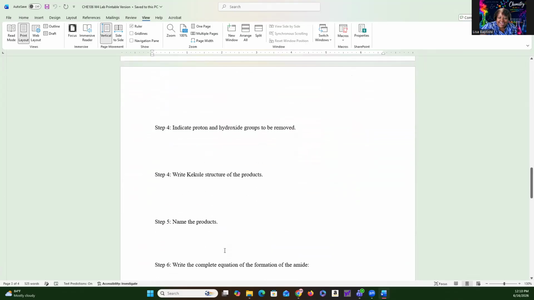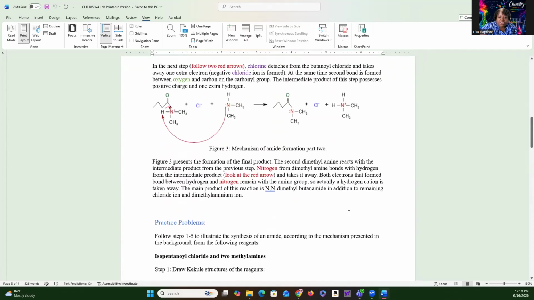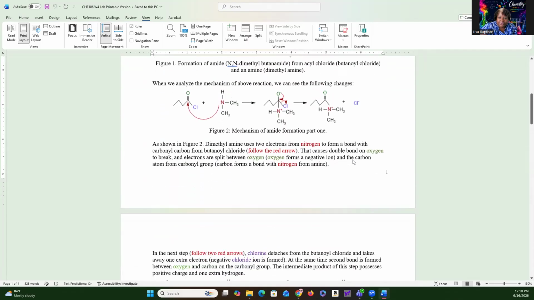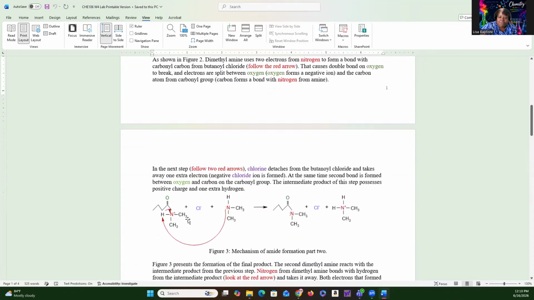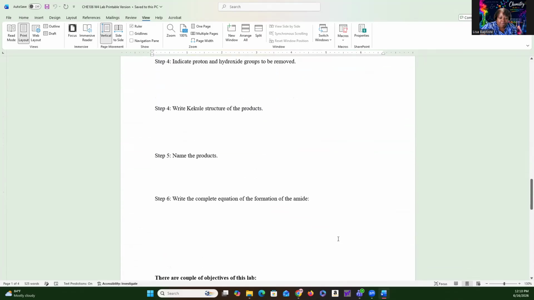And you're going to name your product, right? Then you're going to write the complete reaction. Use this as your guide on where the arrows are drawn, all right? If you have questions, though, let me know for that one.